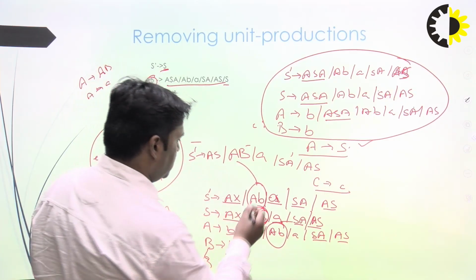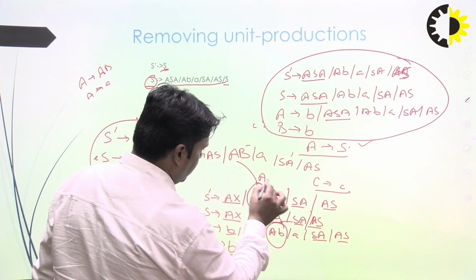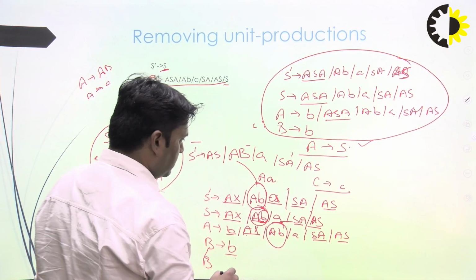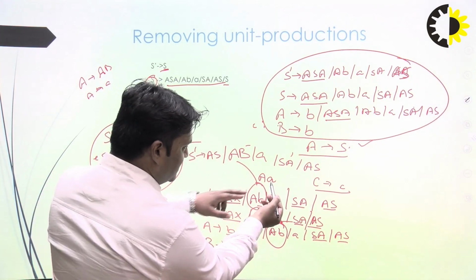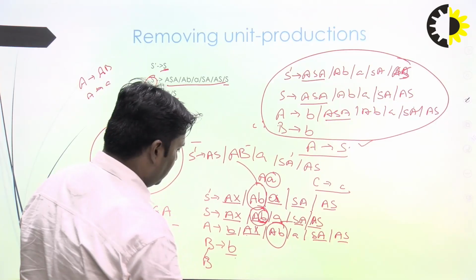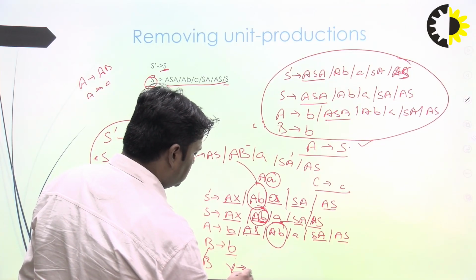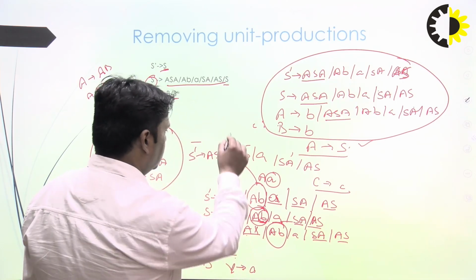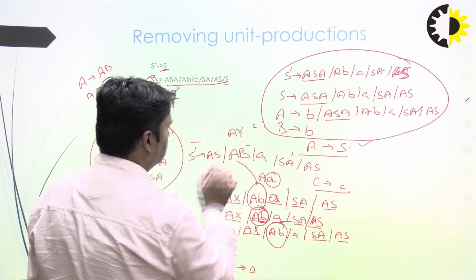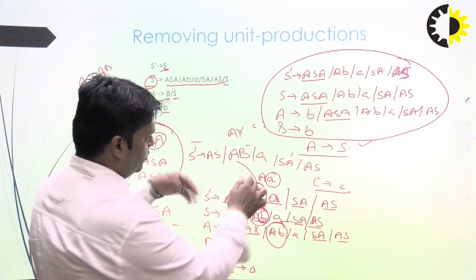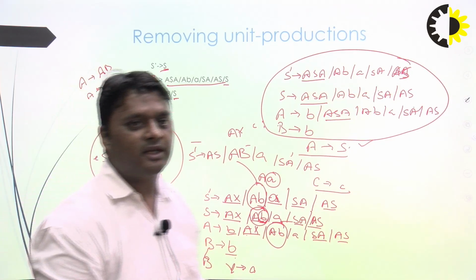Suppose we received A implies A, then we replace this A with a new symbol Y, and we get A B, A Y here. Now this production will be in the form of CNF.